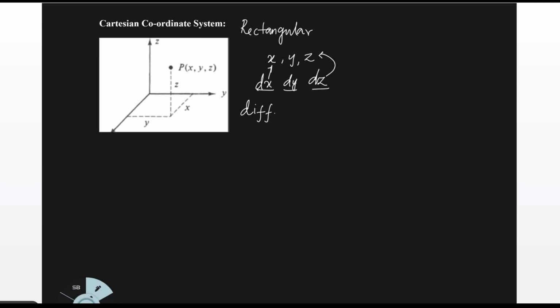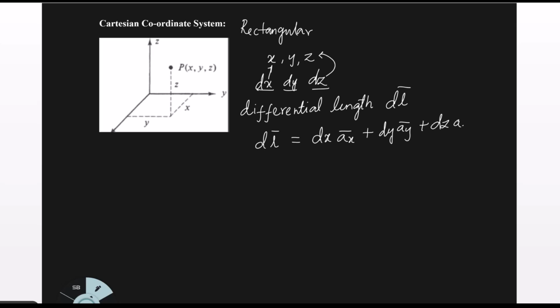To calculate the differential length vector dl, the formula is dl vector equal to dx ax vector plus dy ay vector plus dz az vector.